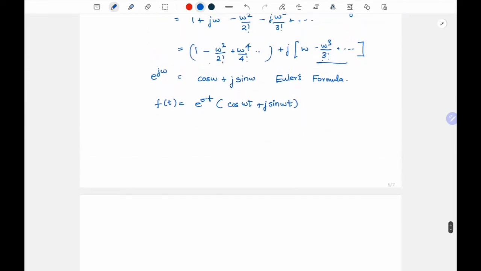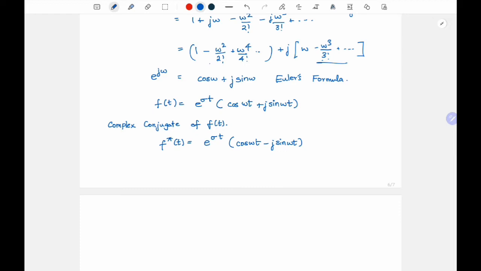And if you want to define other things like the complex conjugate of f of t, you can define it by f star of t, and it will be e power sigma t, this will not change because it is the real part, cos omega t minus j sin omega t, right? Only the imaginary part will have a minus sign.